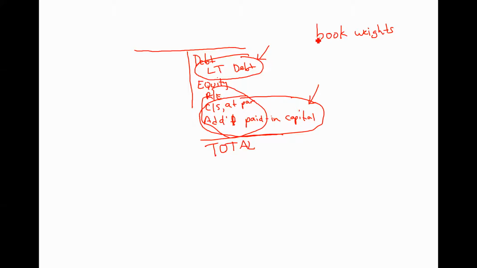Even though I could easily do that, book weights are not relevant because they don't reflect investors' current risk perceptions, because these prices realistically are changing every day in the market, but they're not changing every day on the balance sheet. So instead of using book weights, I need to use market weights because they reflect investors' current risk perceptions of the company.